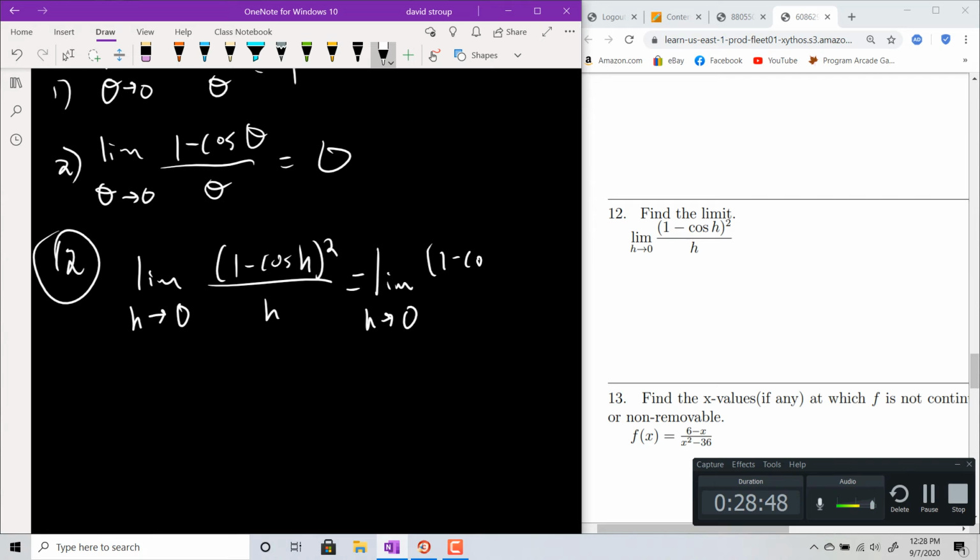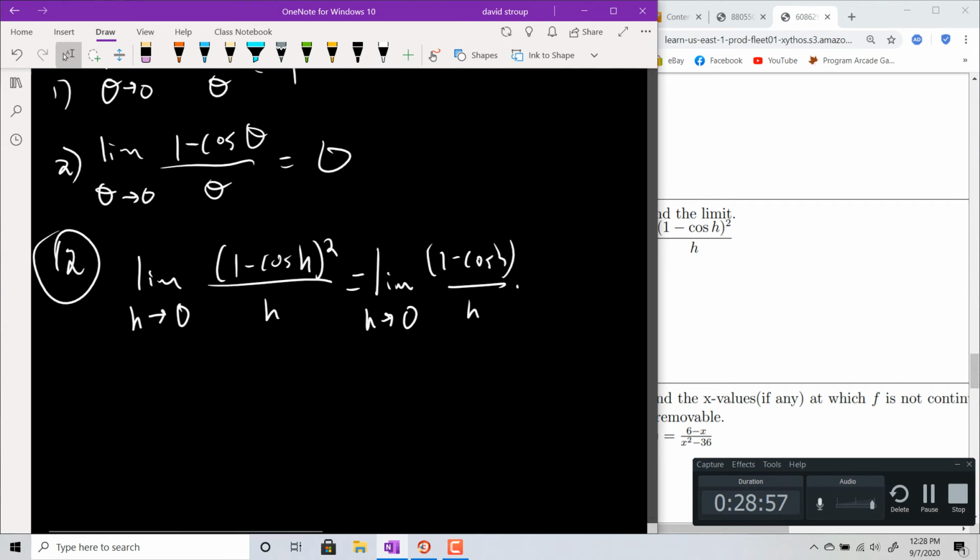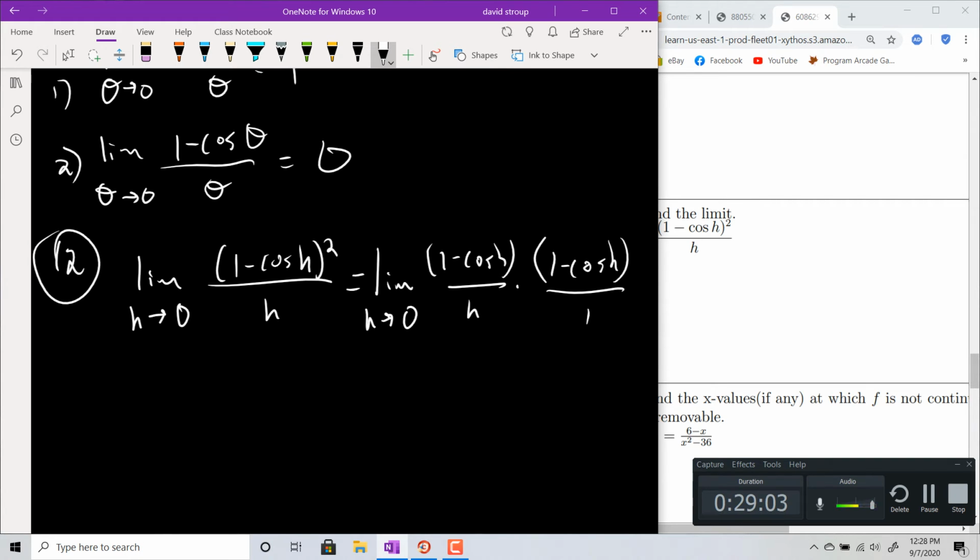So you have 1 minus cosine of h all over h, times 1 minus cosine of h all over 1. The limit of that first part is 0. But the limit of the second part could be anything. It could be undefined, in which case we wouldn't even be able to figure out the limit. It could be something crazy. So I still need to make sure I know what that limit is.